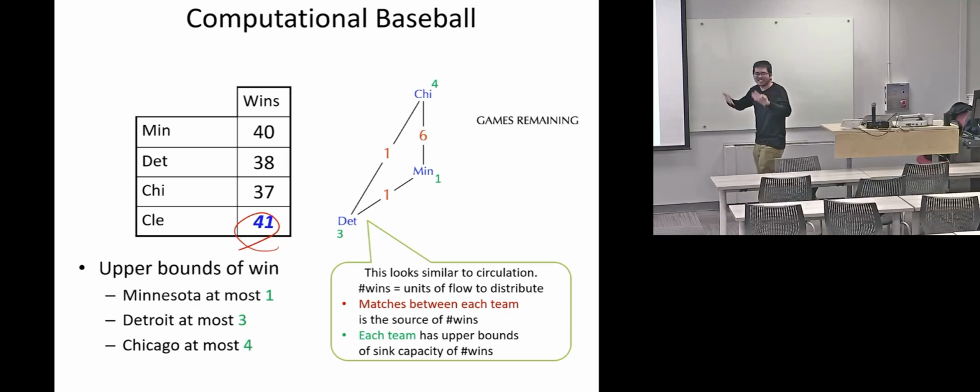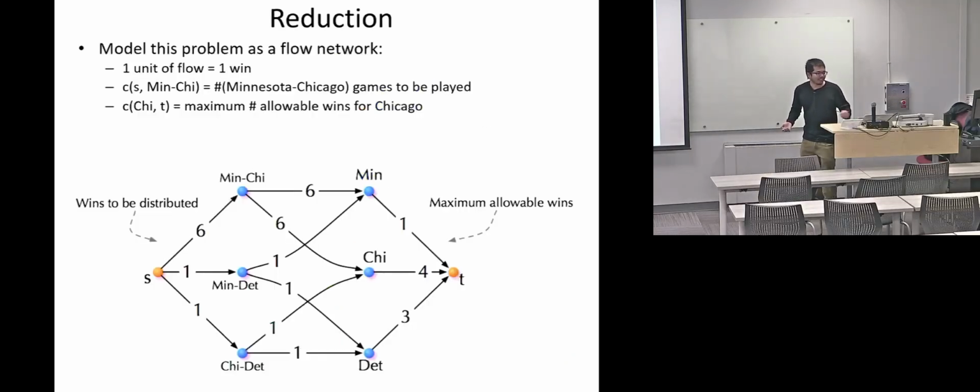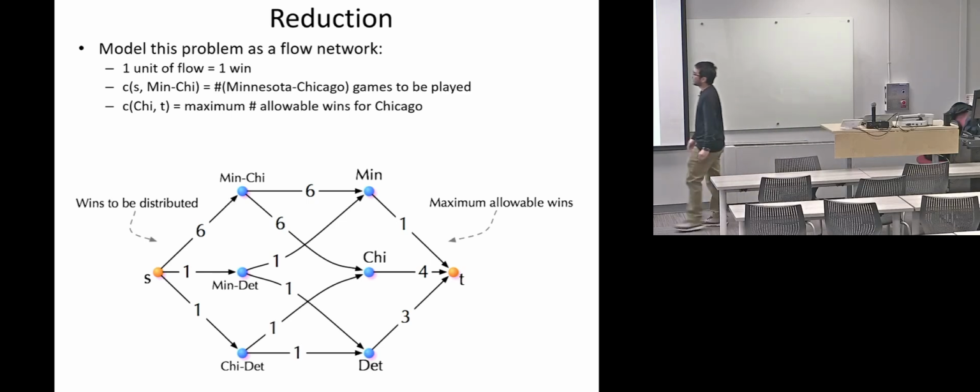So with this intuition, you can create this max flow instance. This is the number of wins that you need to assign. Between Minnesota and Detroit, there is 1 unit of win, which can be assigned to either Minnesota or Detroit.